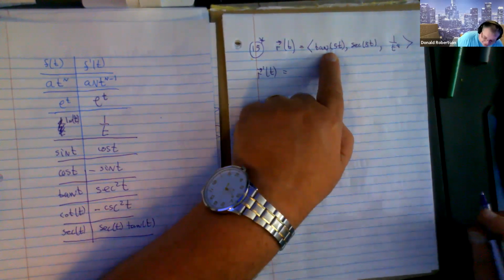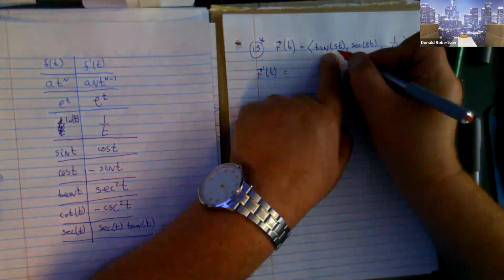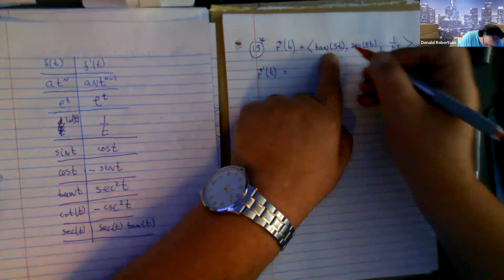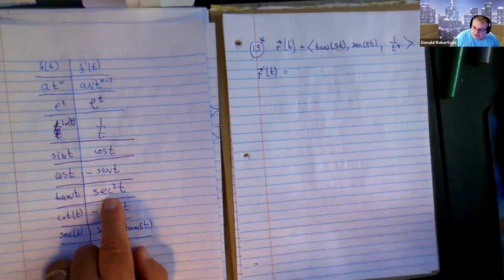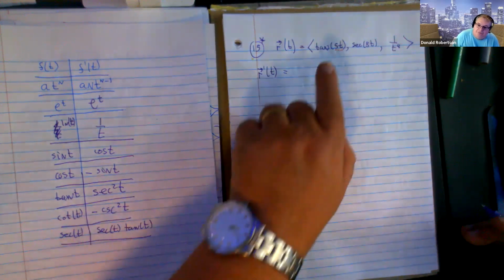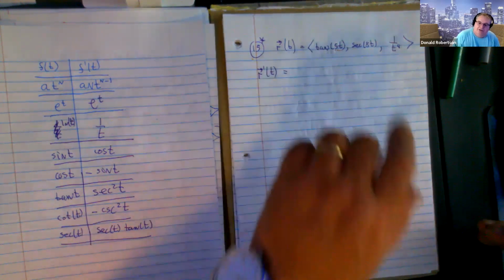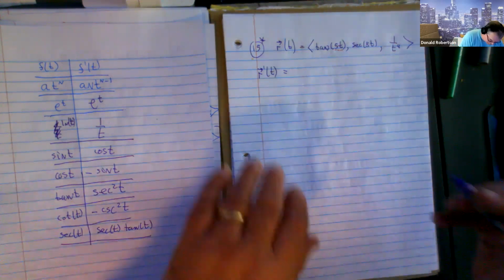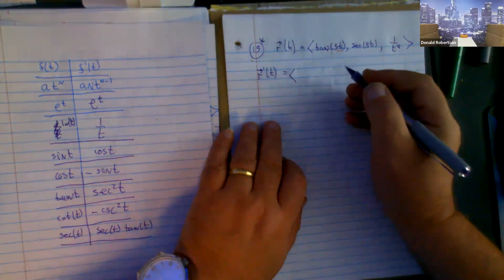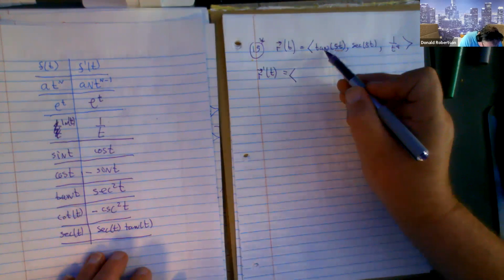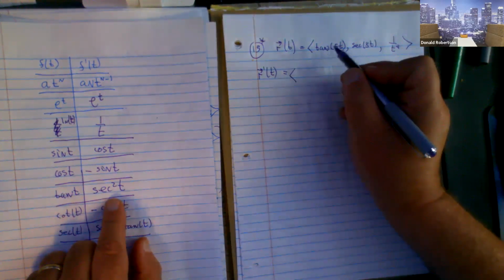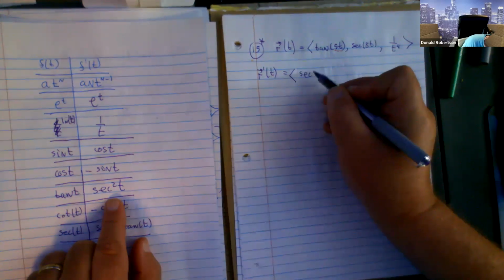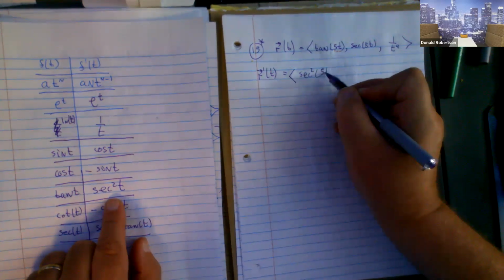Right, I want to differentiate the tan of 5t. If it was just tan of t, I could use this, and I wouldn't need to do anything extra. But technically, because that's a 5t, it does make it a little baby chain rule. Most of what we're going to do is exactly what you'd expect. The derivative of tangent is a secant squared. So the derivative of tangent 5t is secant squared 5t, right?